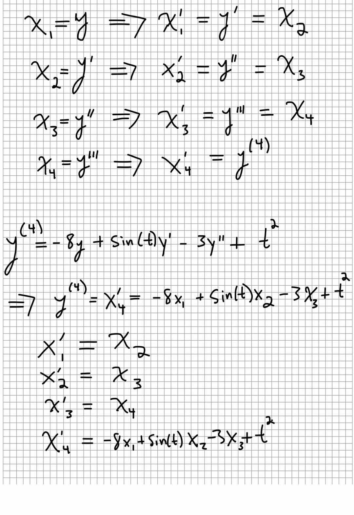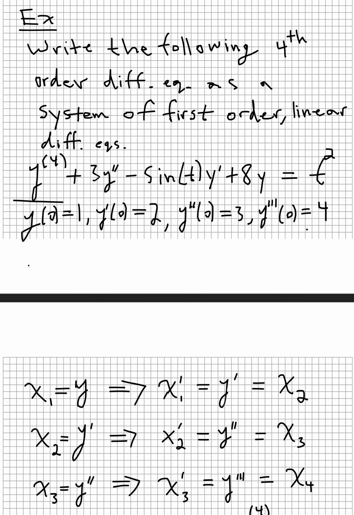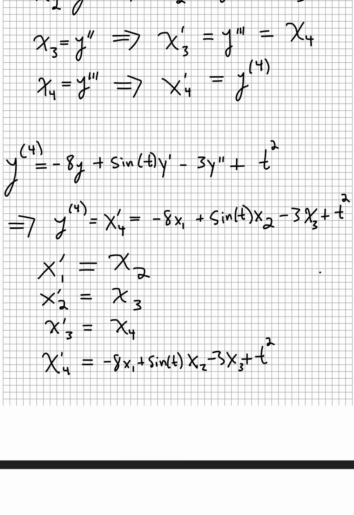So now all we need are the initial conditions, which are taken directly from up here, except now we just need to substitute x1 instead of y, x2 instead of y prime, and so on. So this means we have x1 of 0 equals 1, and then next we have x2 of 0 equals 2.